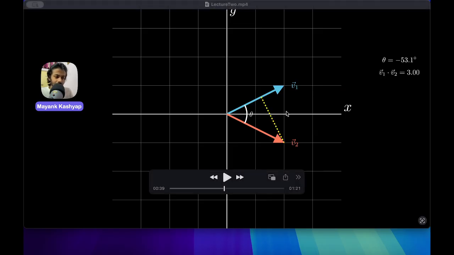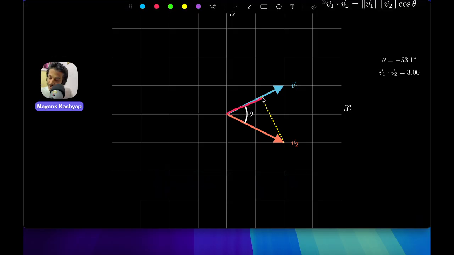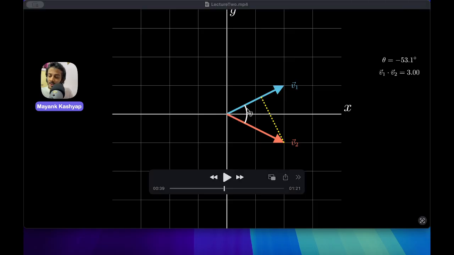And the product of this projection length and the vector on which it is being projected will be the vector dot product.